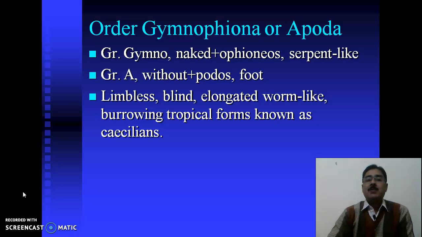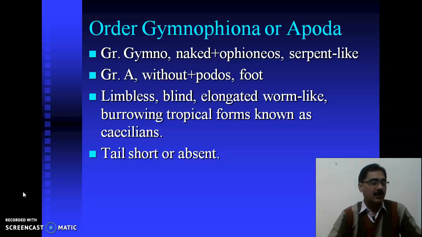It is a secondary adaptation which is found in apodans, as they have a burrowing mode of living where limbs are no longer required. Tail is generally short, so the body can be divisible only into two portions, the head portion and the trunk portion.